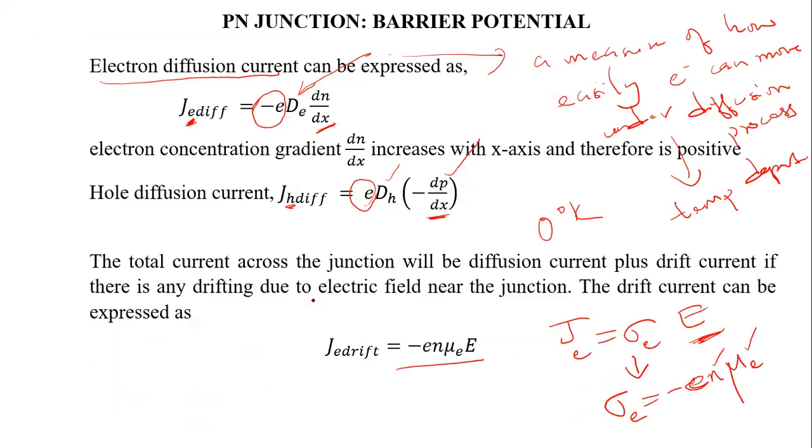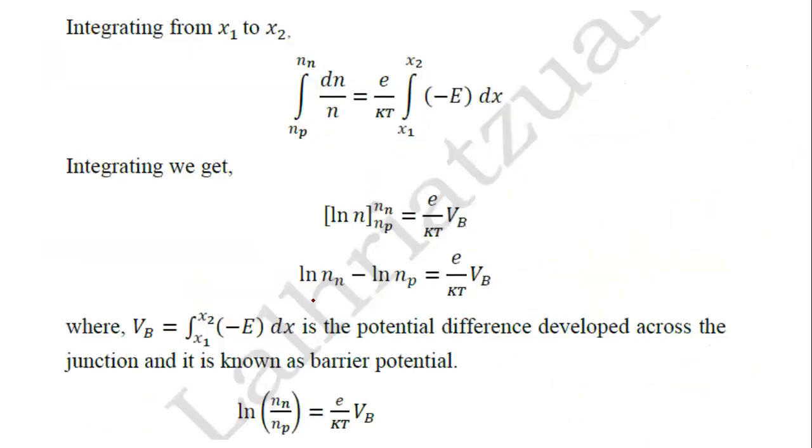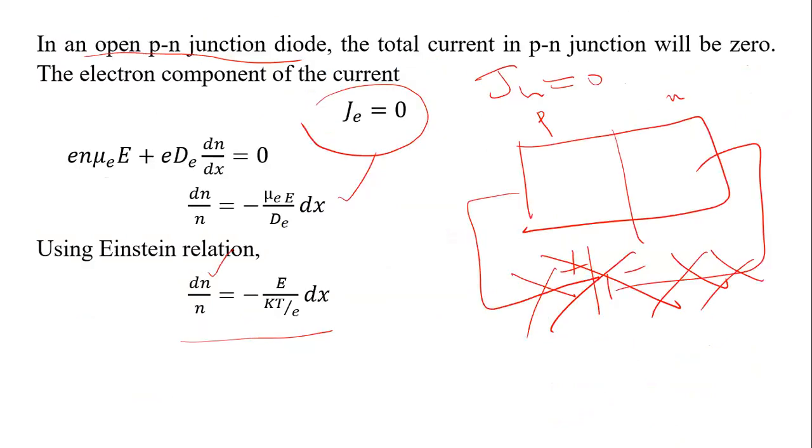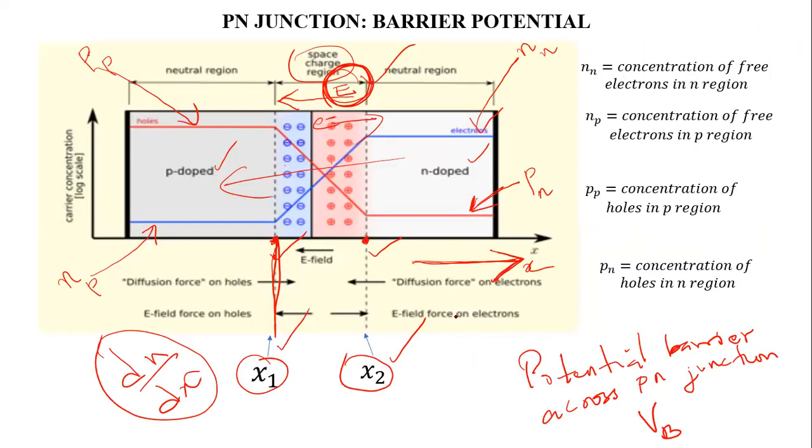So if you integrate from x1 to x2, dx will change from x1 to x2. Now here dn is the variable and x is the variable, so integrating from x1 to x2 will be equivalent to, as you see, what will be the change in n?